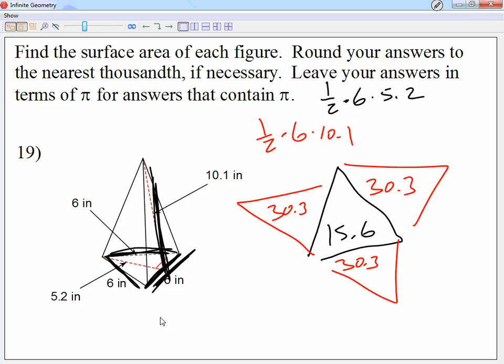For the sides, see how the same 6 and 10.1 cross the 90 degrees? So 1/2 times 6 times 10.1. That's how I got my area. Add everything and you should get 106.5.